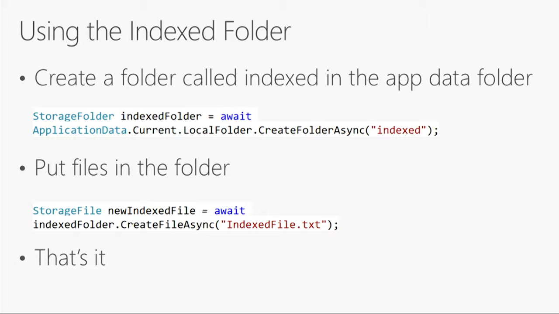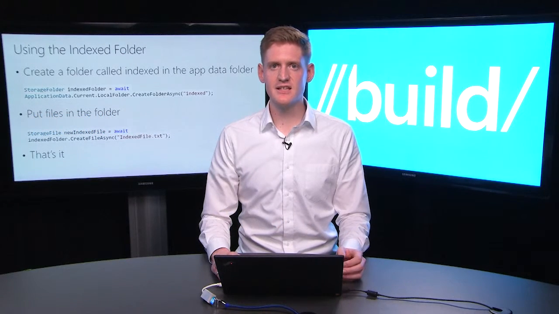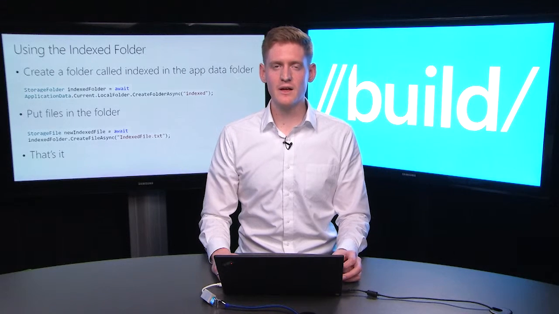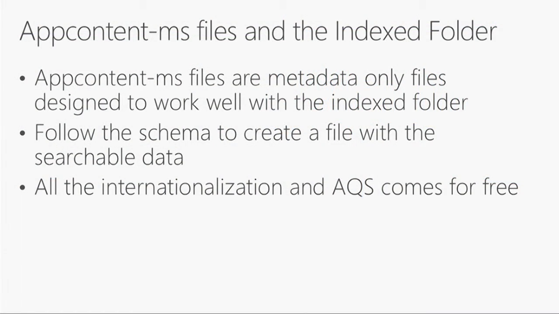Now, in some cases, your data may not fit cleanly within one of the file types that's known by the system. In this case, and as was the case with the settings app, you may want to define your own type of data to put in the indexed folder. Well, we have this facility called an app-content-ms file. App-content-ms files are a metadata-only file type that was created especially for the settings app to work great with the indexed folder.